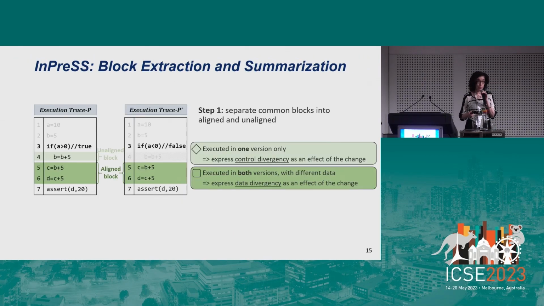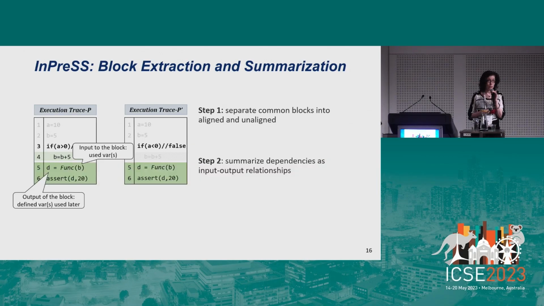Now, the rest is very simple to explain. It involves some relatively complicated machinery based on analysis of traces and slices to execute, but it's super simple. So what INPRESS does, it first identifies blocks, aligned and unaligned blocks, trying to synchronize between the slices. And once it identified all the blocks, it summarizes each block in terms of input-output variable dependencies, where output of the block are all variables that will be used later in the slice, and input to the block are all variables that these outputs depend on.